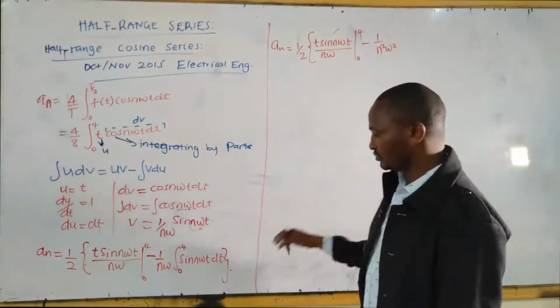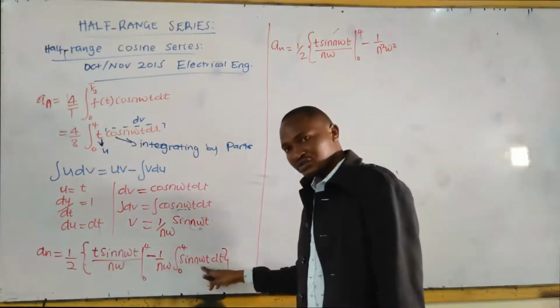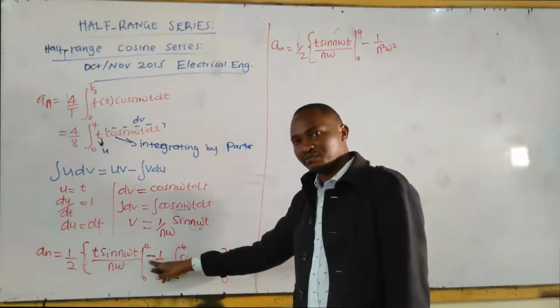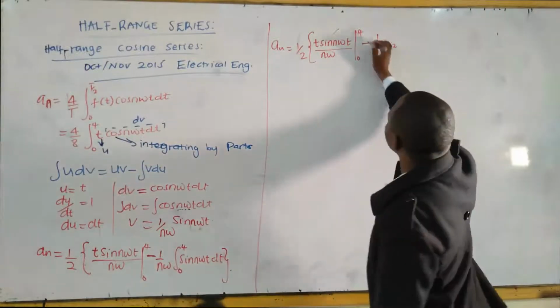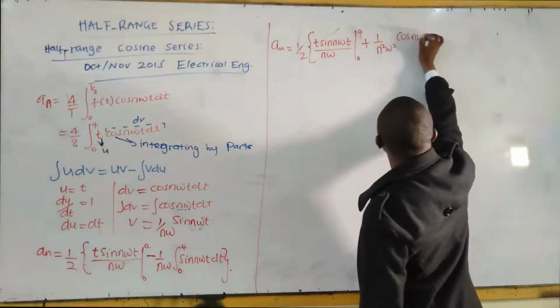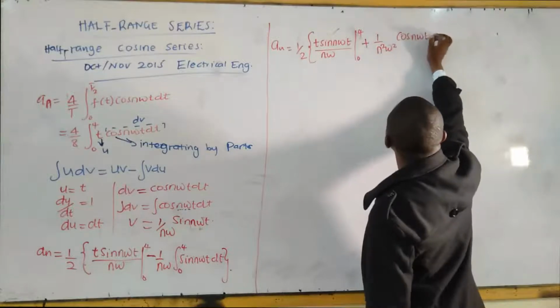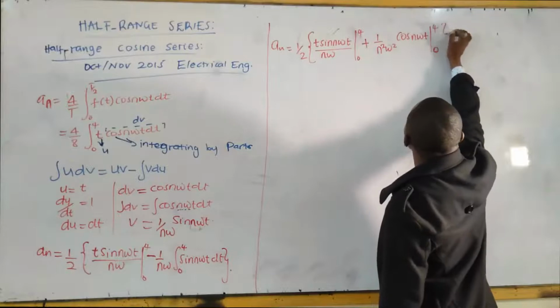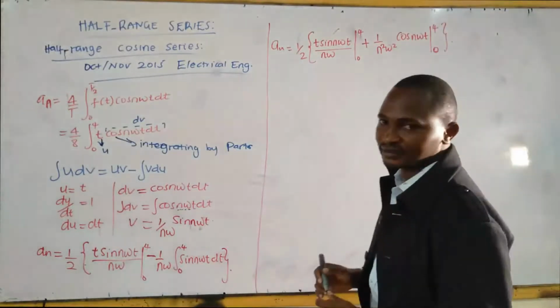Notice also, integrating the sine function will give you a negative cosine, which will make this sign positive. So that one will be positive cosine of n omega t. You apply limit from 0 to 4 and you close that bracket.